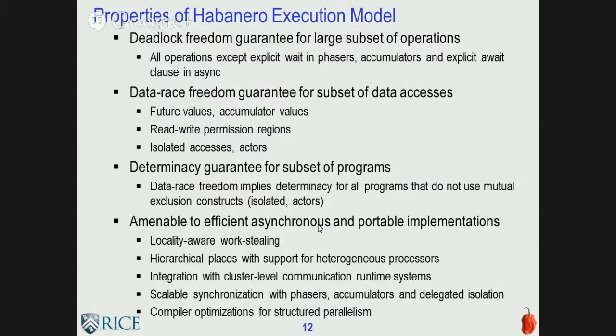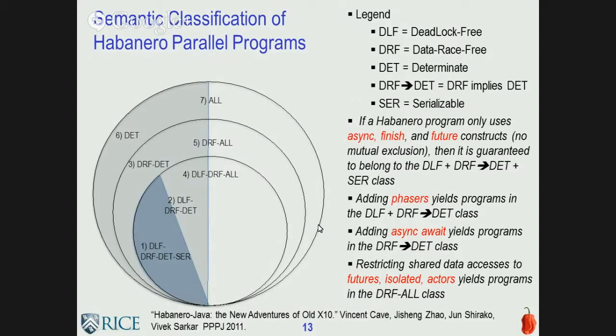And then the point is, we don't want to just come up with the lambda calculus of these primitives. We want to make sure these primitives are capable of being implemented efficiently. And our work and a lot of other related work has shown that these primitives can indeed be implemented efficiently and also integrated with each other. So here's another way of looking at what I just said.